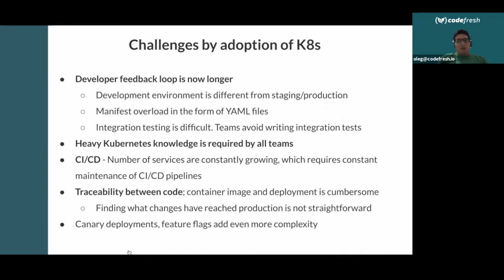There are a few reasons for this from my point of view. First of all, the development environment many times stays behind staging and production, which have actually moved to Kubernetes. And in many cases, the development environment uses non-Kubernetes tools like Docker Compose or just Docker, or even runs on the host.